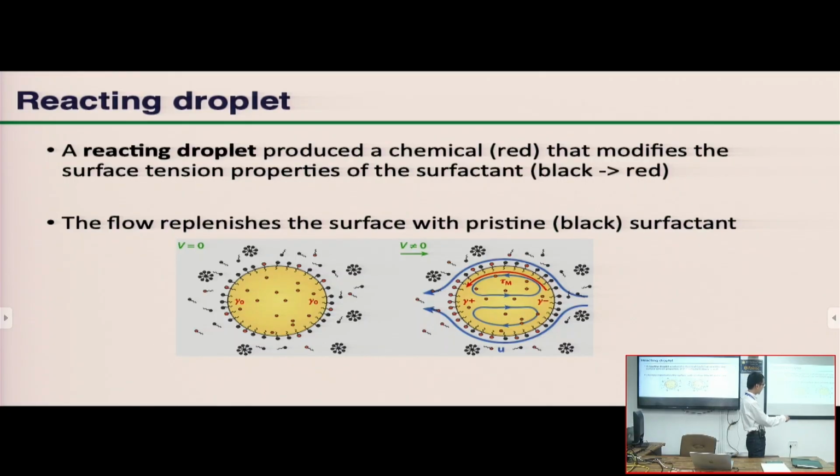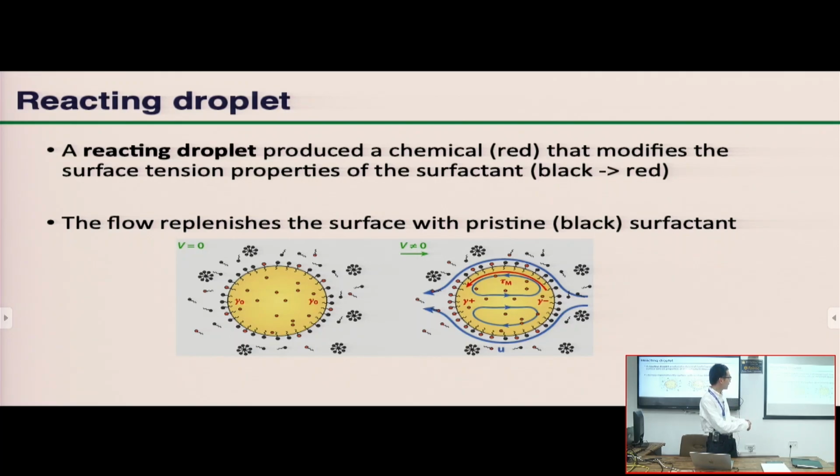When the flow is biased, you advect these surfactants to the back, and then you further enhance the surface tension gradient, which drives flow inside, and through force balances at the interface, you can sustain a motion of this kind of system. So it's a complicated chemohydrodynamic interaction that gives you this kind of behavior in a droplet.